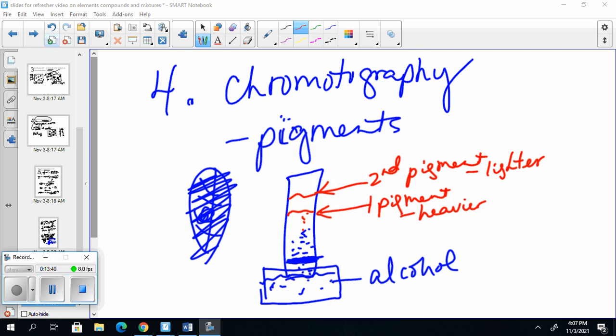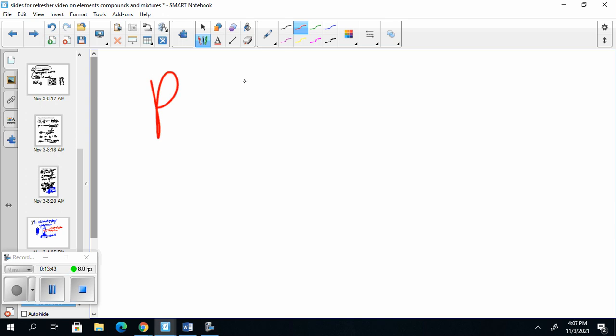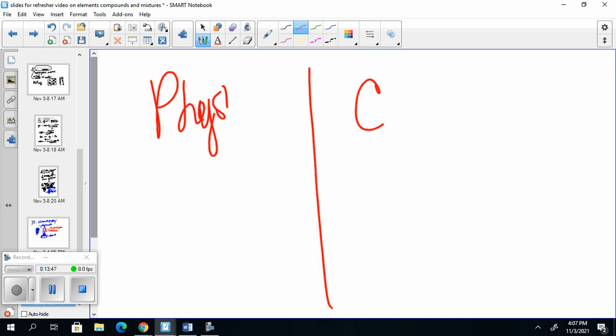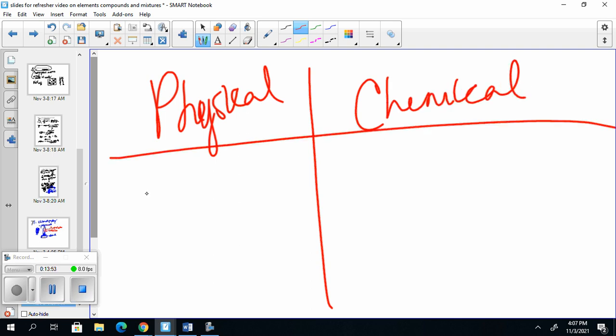Oh, let me make one more slide, actually. We also did physical versus chemical change earlier this year. And so when you have a physical change, you still have the same substance.